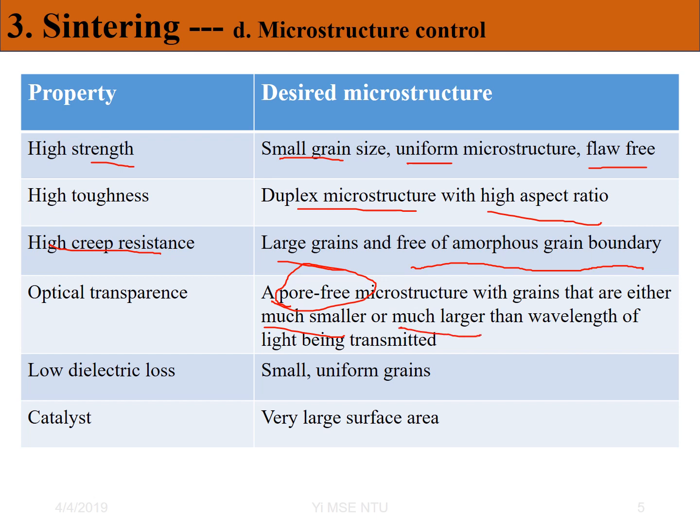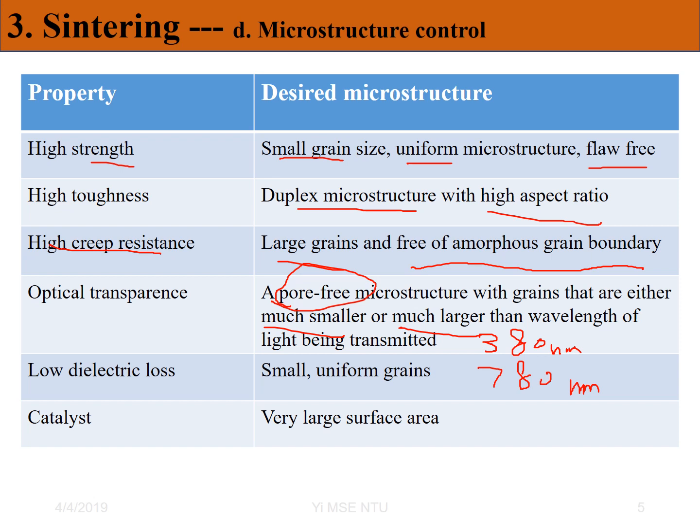Visible light has a wavelength from 380 nanometers to 780 nanometers, which means your grain size needs to be either much smaller than 380 nanometers or much larger than 780 nanometers in order to achieve very transparent ceramics.